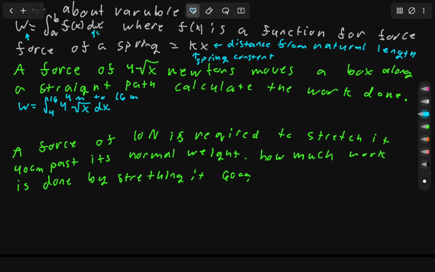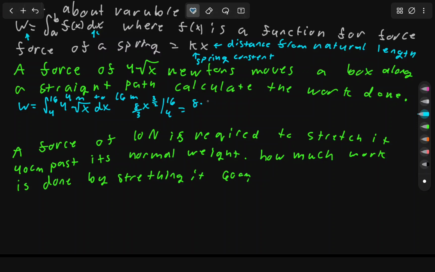So really what this integral is going to evaluate to is relatively simple. We are going to get x to the power of 3/2 divided by 3/2, which gives 8/3, and we're evaluating this from 4 to 16. If we plug in 16, we get 16 square rooted, which is 4, and then cubed, which is 64.